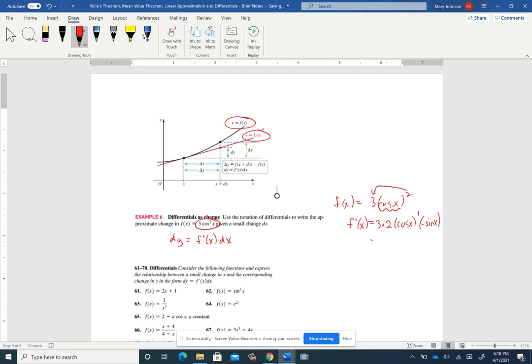Okay, so what I'd really have is a negative 6 sine x cosine x. So when I come back over here and plug it in, d sub y would equal negative 6 sine x cosine x dx. Okay, times that dx.